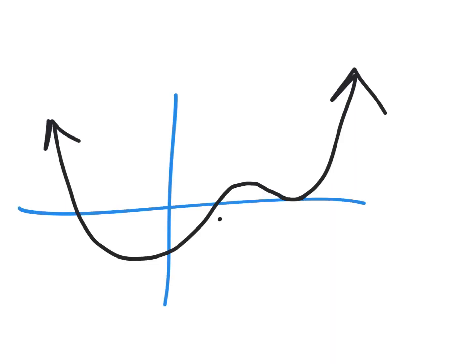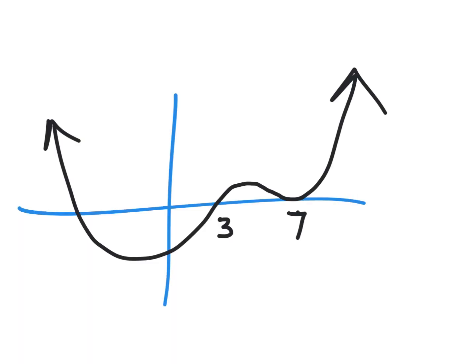Let's say this is at 3, and this is at 7, and then here's at, maybe it's negative 7. That's the only one where it bounced. The other roots, which are these green dots, also known as the x-intercepts, it's just passing through there.